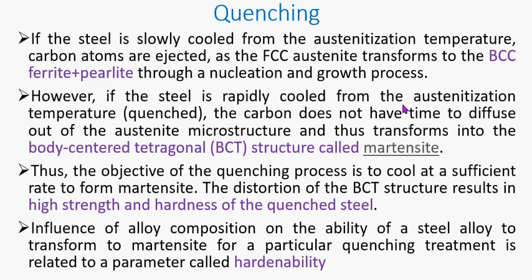But if the cooling is slow, we are saying that the carbon atoms are ejected. So from the austenite, the carbon atoms will be diffused or ejected to form cementite, and this cementite is a component of the perlite. But now if the cooling is done very fast, very rapid, instead of the carbon atoms diffusing, they will not have time to diffuse because of the distortion, and it will form a new structure called martensite.